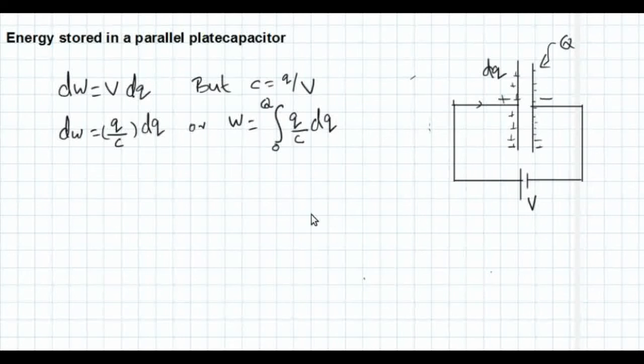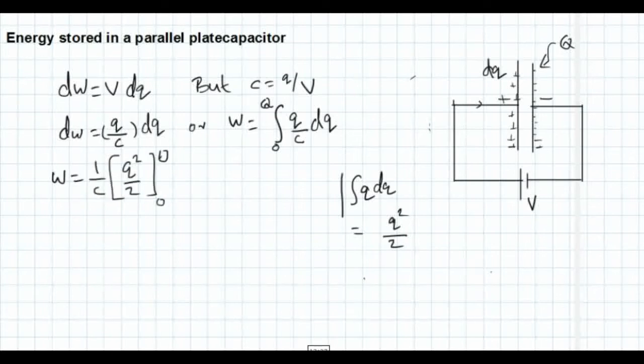Then what is the result of integral Q dq? The value of integral Q dq is, of course, Q square by 2. Therefore W is equal to 1 by C into Q square by 2 with a limit of integration from 0 to Q. So first we put Q equal to Q, then Q equal to 0.